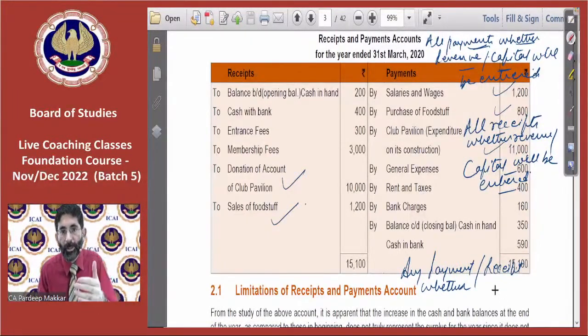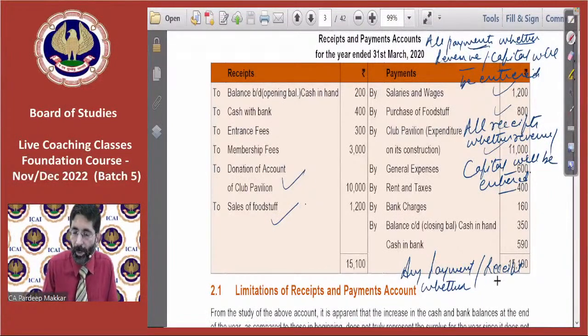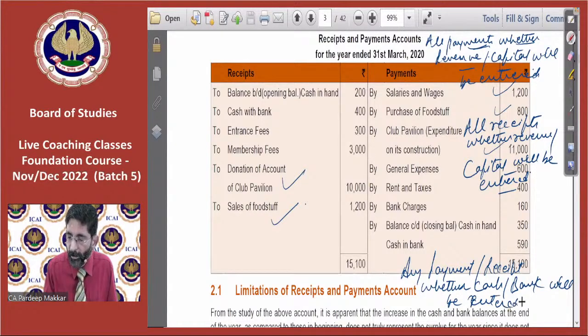You can't read the complete study material once again and understand everything. If you have to read the study material once again, then what is the use of my teaching? So please note it down. All payments or receipts, whether cash or bank, will be entered in the receipt and payment account.